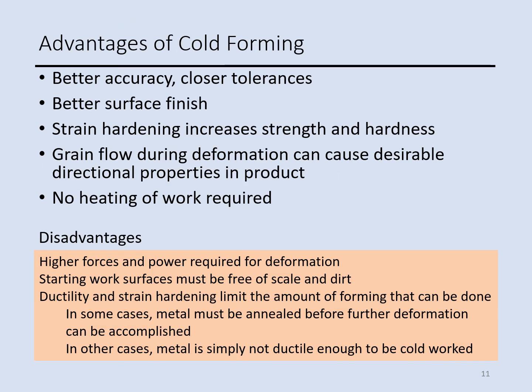What are the advantages of a cold forming process? It has high accuracy. It gives you a closer tolerance. You have a better surface finish, so that's why you don't need an extra machining process.